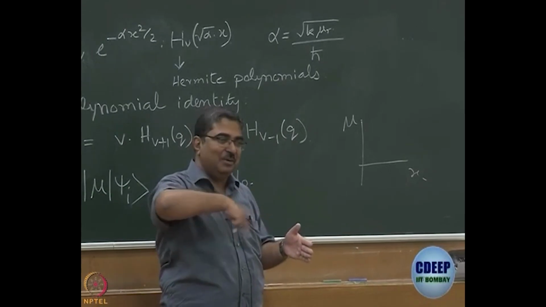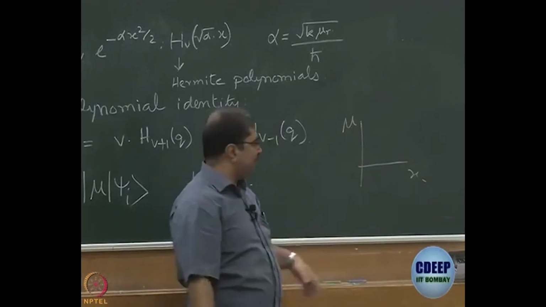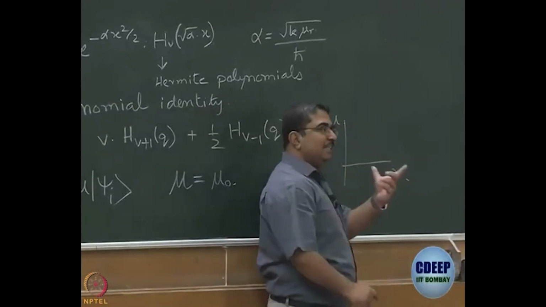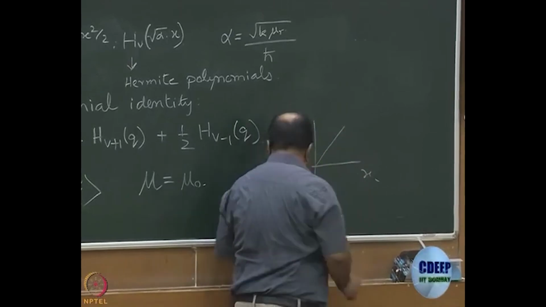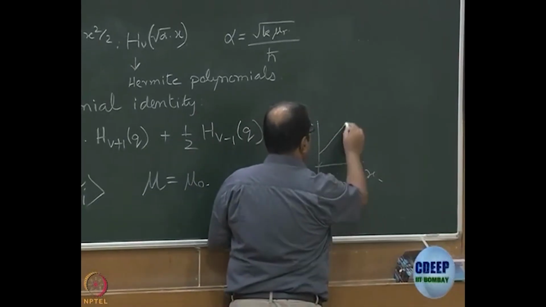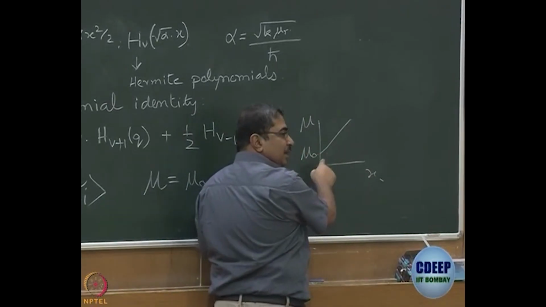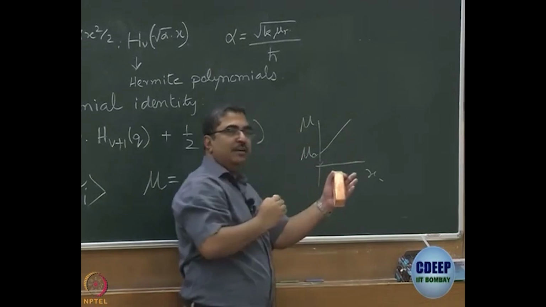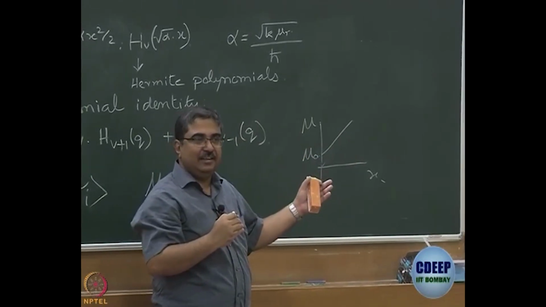Yes, exactly 4 degrees. If it is 15 degrees, it is no longer simple harmonic. So, within that small displacement, you can assume mu 0 when x equal to 0, and then within that small range of x, you can consider it to be a straight line, okay.